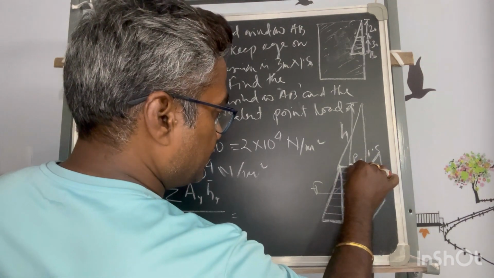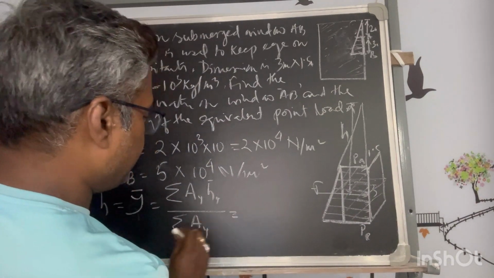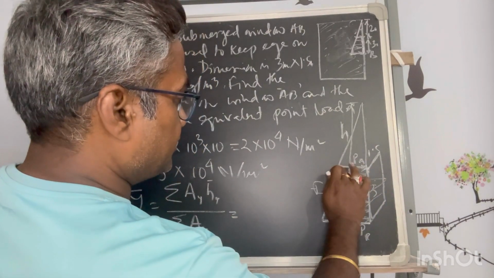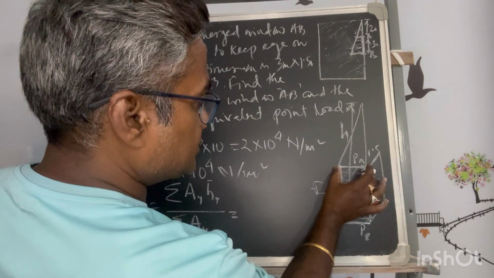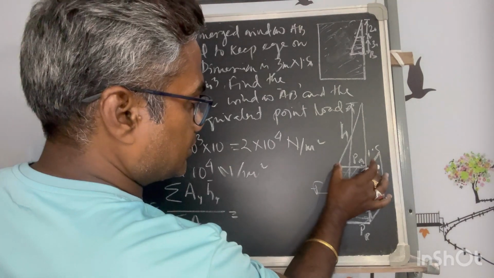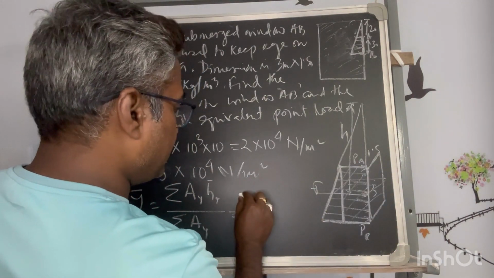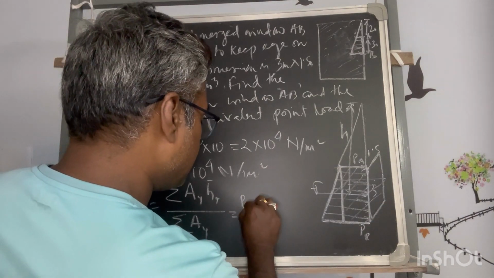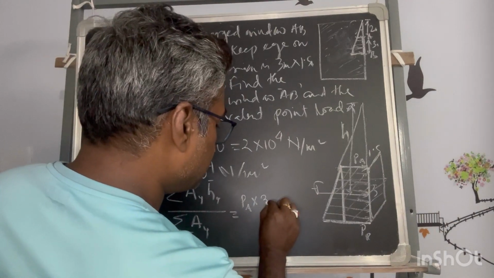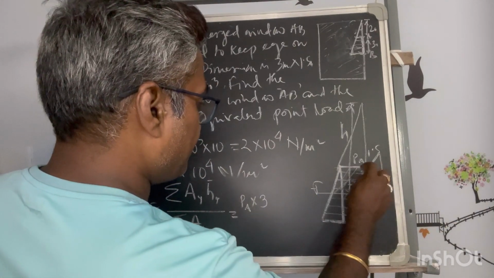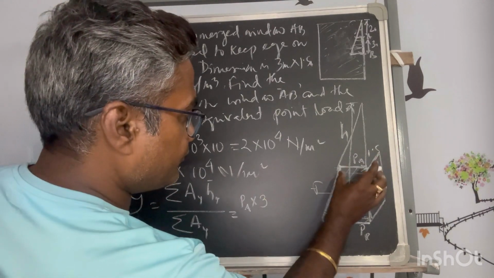This can be divided into two parts: one rectangle and one triangle. The area is created by the pressure; this dimension is the pressure and this is the height. For the first case, the rectangle, the area will be PA into the height of this, which I will take as 3, and then this is the CG of this figure only.